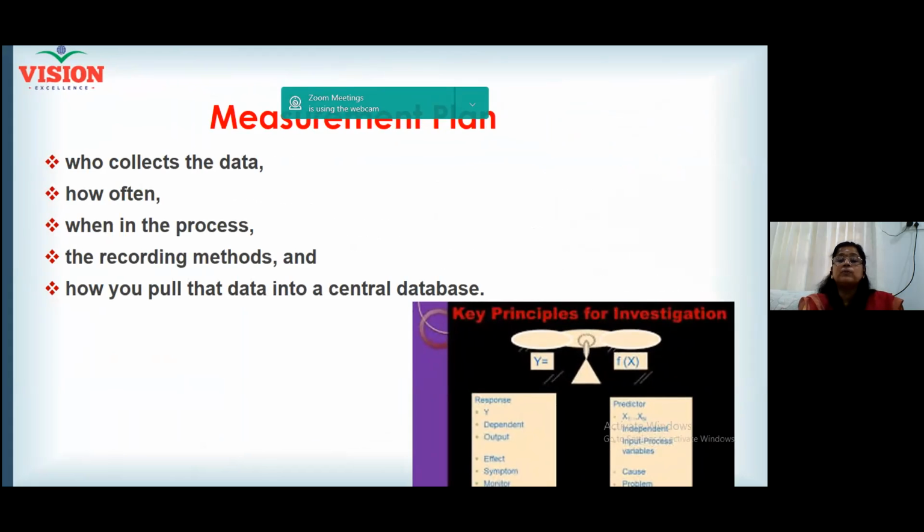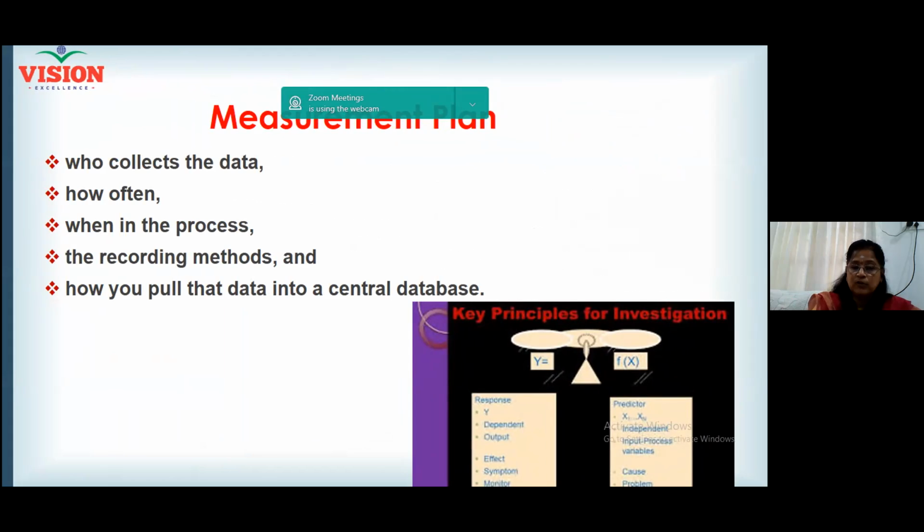So how should your measurement plan look? Who collects the data, how often, when in the process, and the recording methods, whether you put it in the ERP, or use a check sheet, or use an MIS system. How, where, who, and it should not become repetitive.